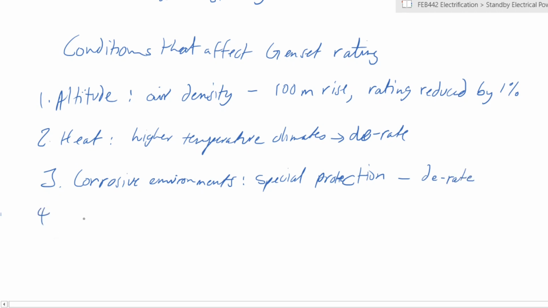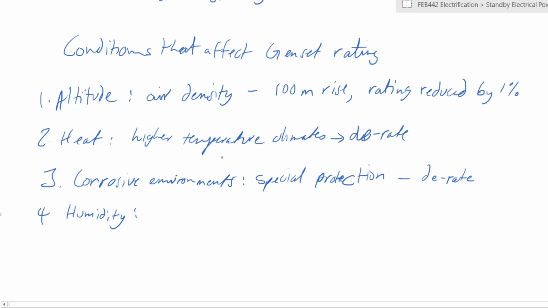Number 4 is humidity. This affects machines in that if it is a very humid area, you may have to have extra protections against the effects of water, which would tend to affect how you cool the machine, or additional provisions that you must put in place to take care of the humidity that is around.